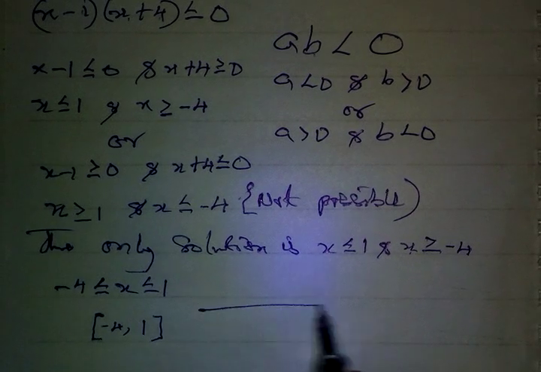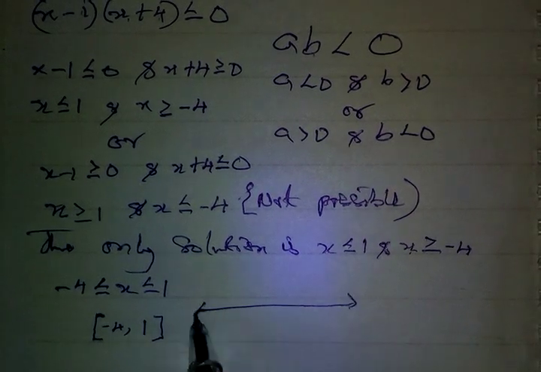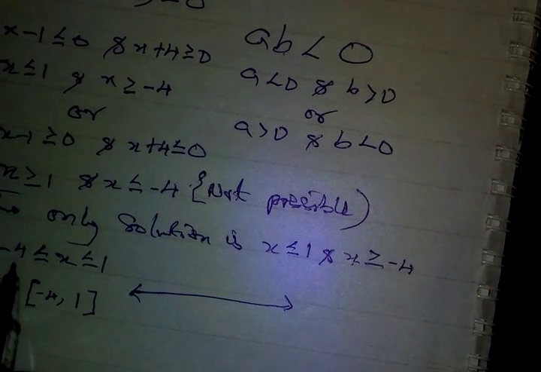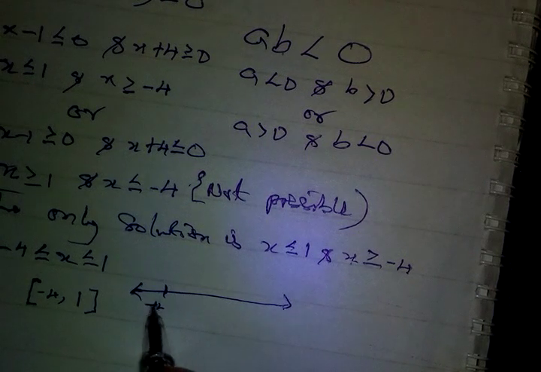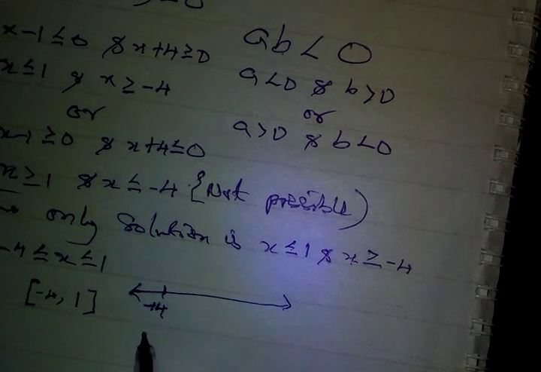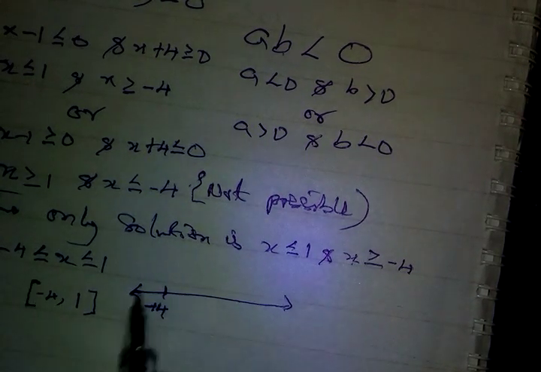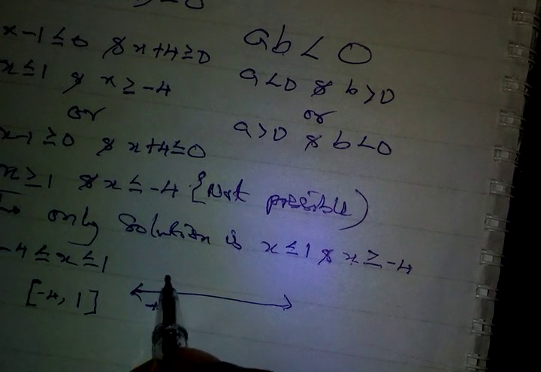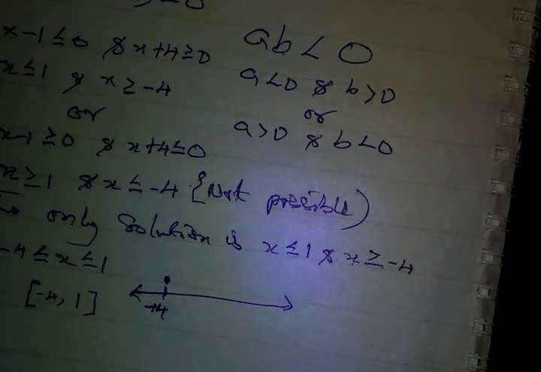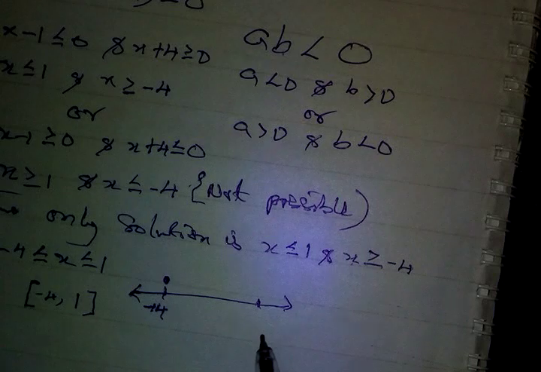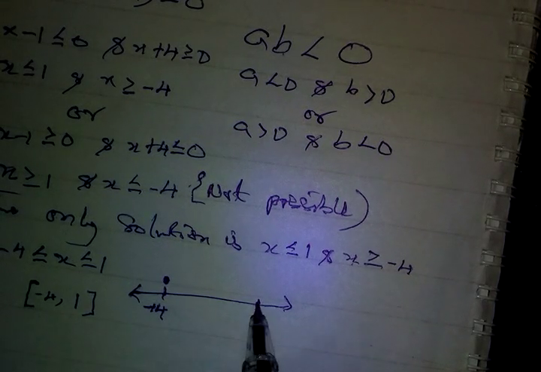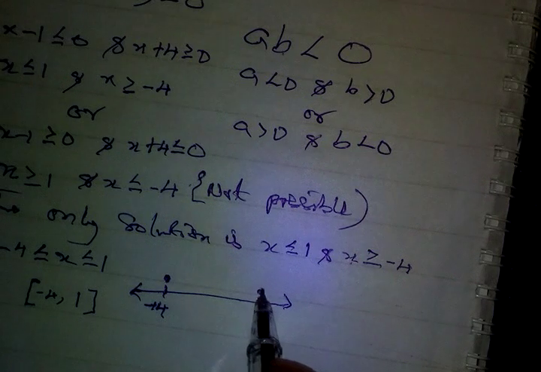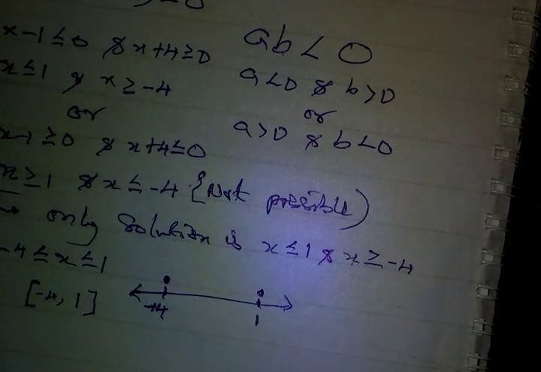On a number line, we represent this. If we are having negative 4, which will come first, because it is a closed interval, it will be a solid dot here. If we have 1 itself to be here, because also it is a closed interval, we have a solid dot.